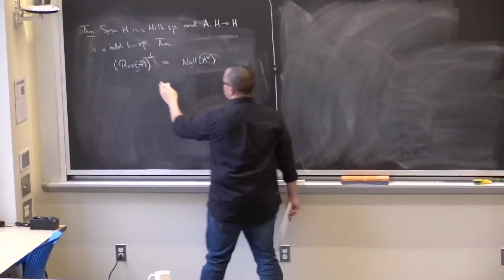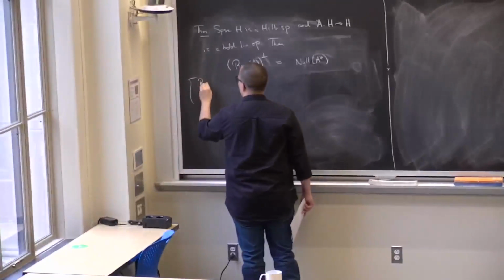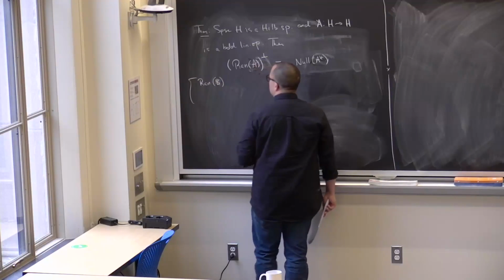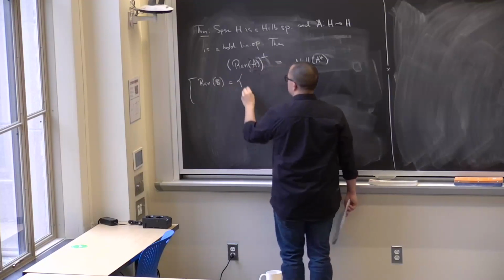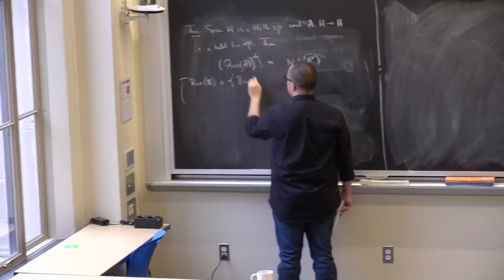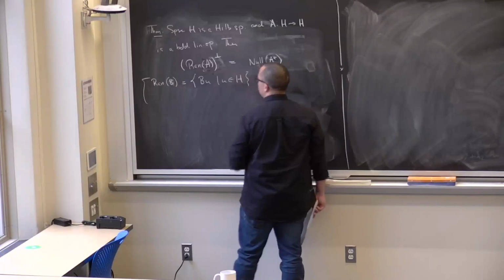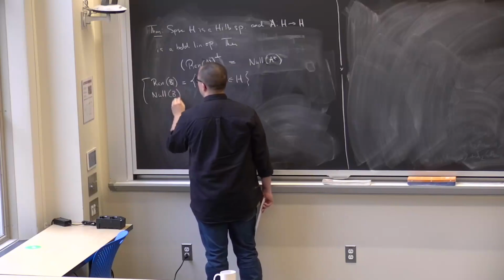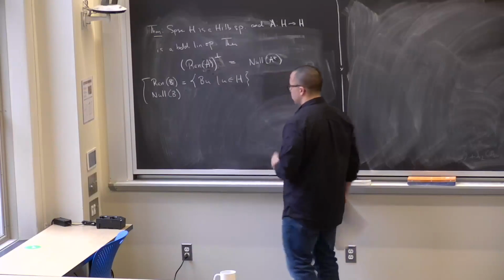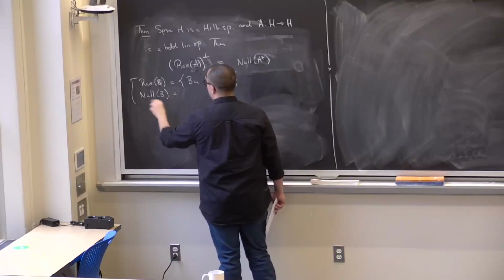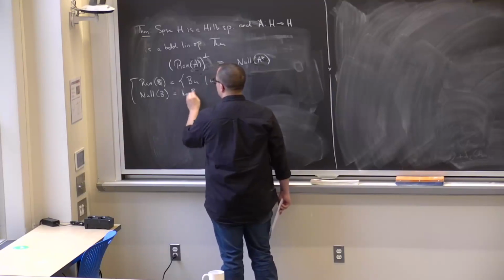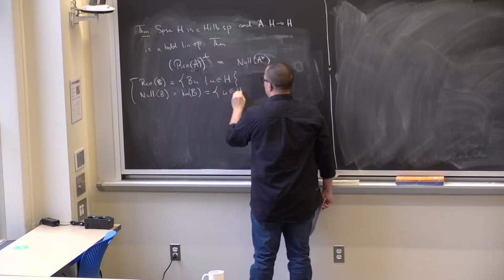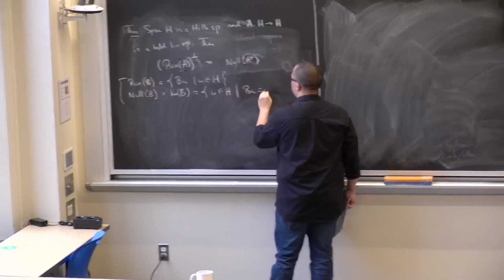So let me recall that the range of an operator B is exactly the set of all vectors BU, where U is in H, and the null space of B, which I might have called the kernel, but they both mean the same set, is the set of all U in H such that BU equals 0.